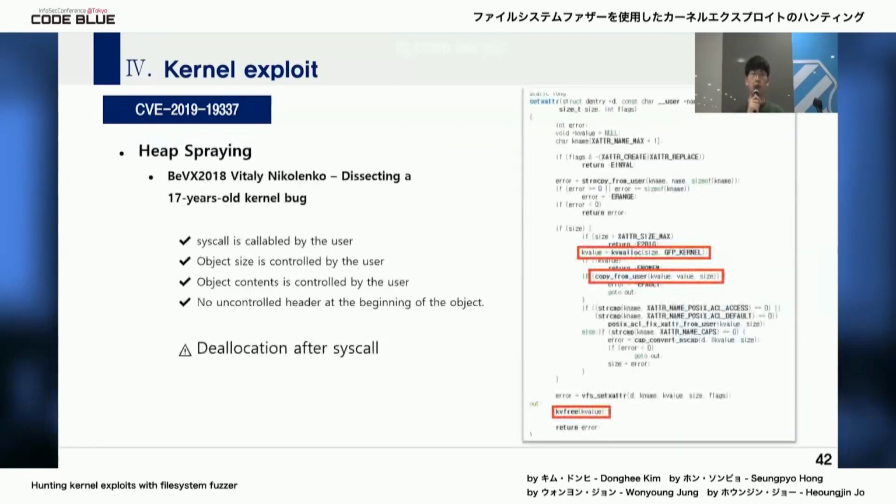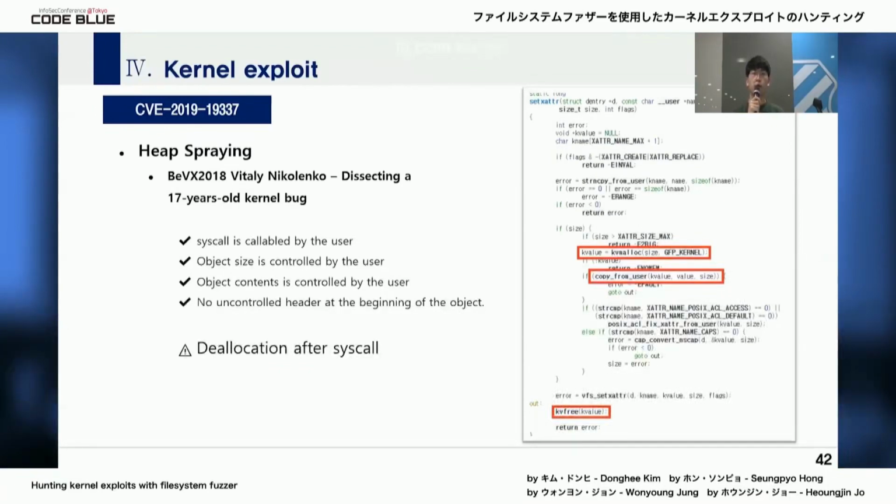At this time, we discovered the heap spraying technique used in the presentation of BlackHat 2018, Linux kernel vulnerability exploitation. This technique uses the setxattr syscall, and the allocation size can be set from 8 bytes.